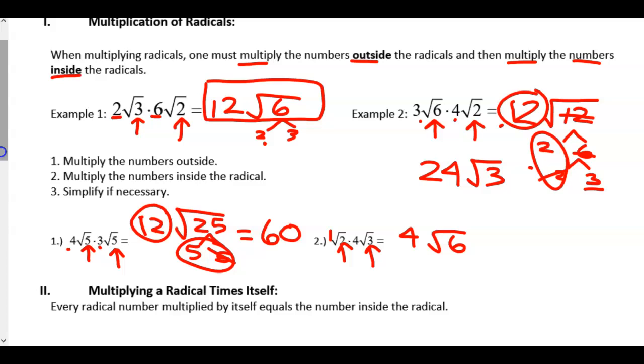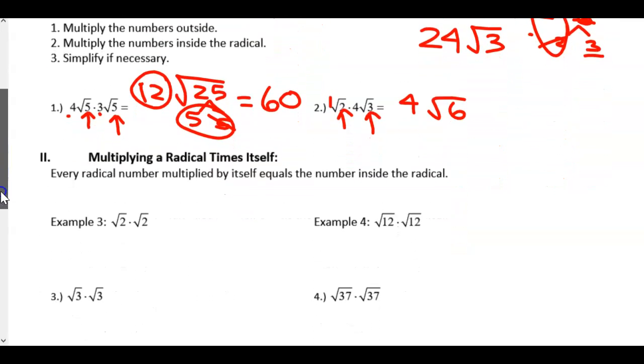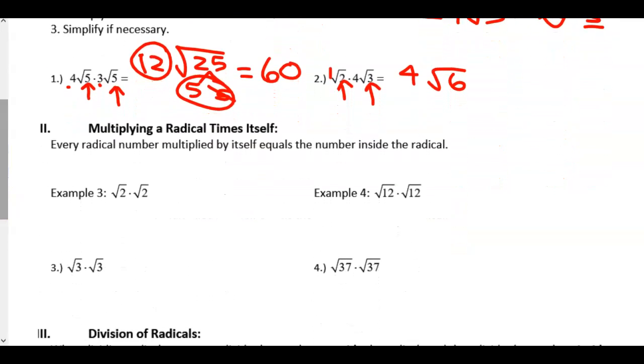Okay. What about, now this is going to blow your mind. Probably not. Okay. A square root times itself. Let's try this. Square root of 2 times square root of 2 is going to be square root of what? 4, right? Now, if I do a factor tree of 4, 4 is what times what? 2 and 2.